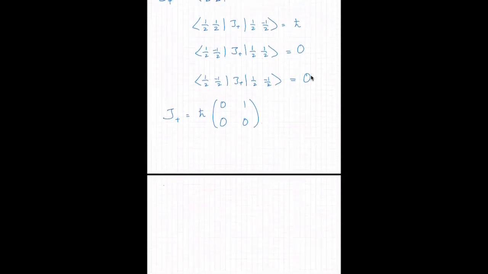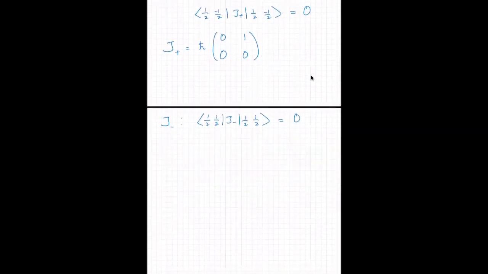Now let us go to J minus. 1/2, J minus 1/2 will be equal to 0 because J minus acting on 1/2 will give me the other orthogonal state 1/2 minus 1/2. 1/2 J minus 1/2 minus 1/2 will also be 0 because J minus cannot act on 1/2 minus 1/2 to reduce it further.